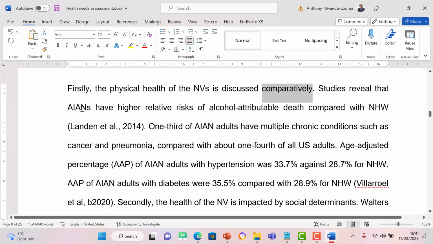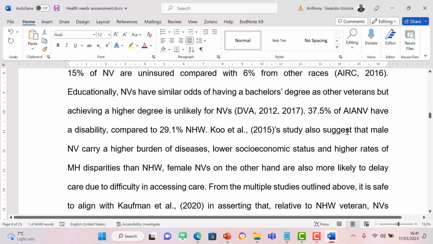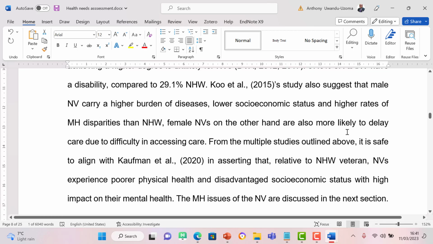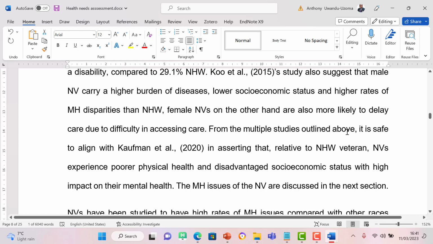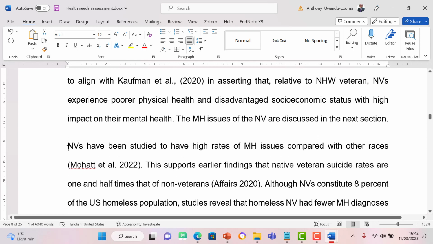Studies reveal that this group of people have a higher relative risk of alcohol attributable death. They have chronic conditions and all that. So you come up with your statistical data to back up what you are choosing to do. Here is just about literature review, what other studies have said in the past, just for you to show why that population is important. Can you see that here?